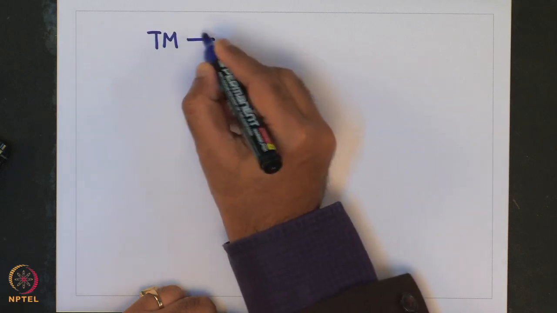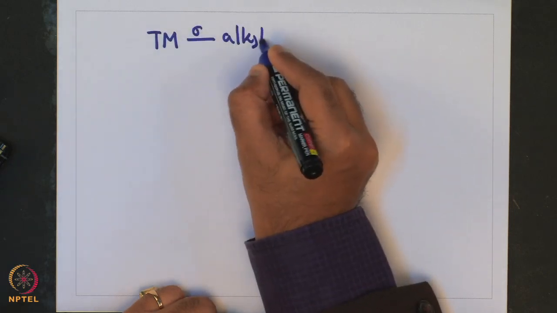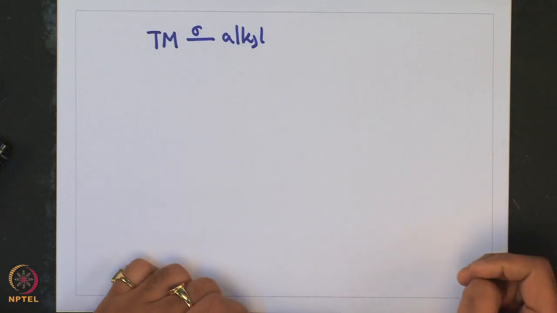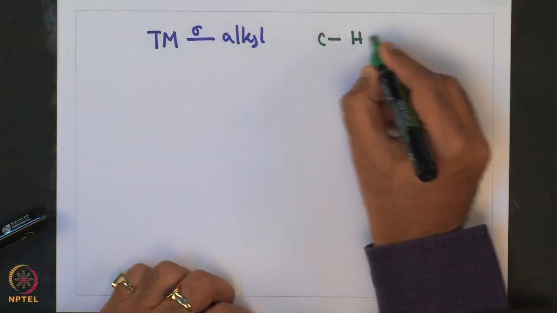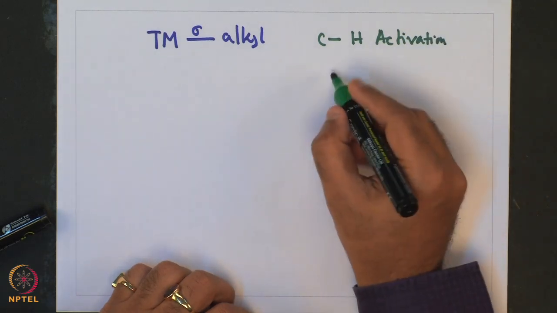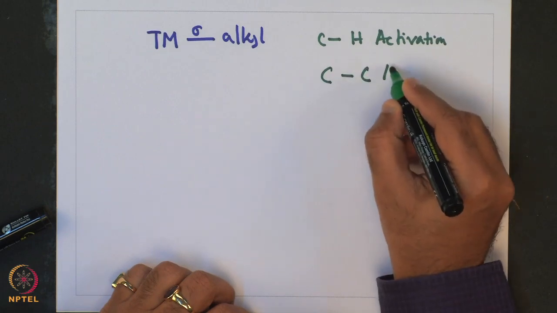Now, to give a brief overview of how we have been discussing these transition metal sigma alkyl complexes, we started off with alkyl type complexes, and in transition metal sigma alkyl complexes we have covered CH activation as well as CC activation.